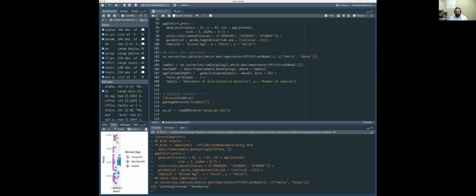So that means that's super important. But if I remove this other predictor, then my overall model predictions will only get worse by 1%. So that's perhaps not as important. And so using that importance ranking really gives you the ability to drill down and see which species or genera or family are really important to predicting a particular group.